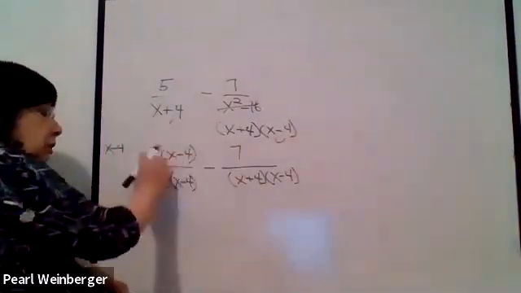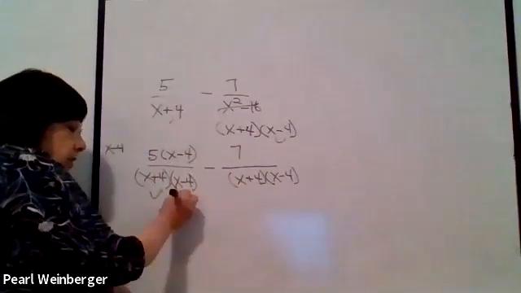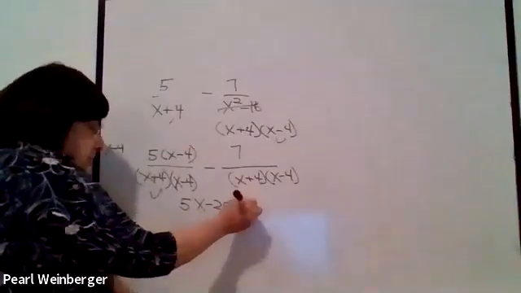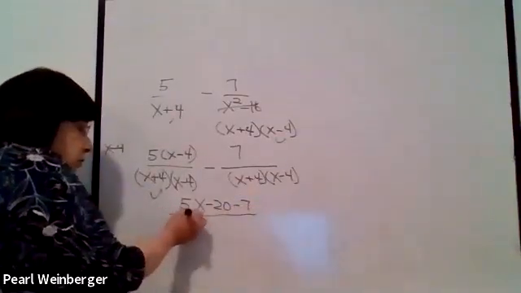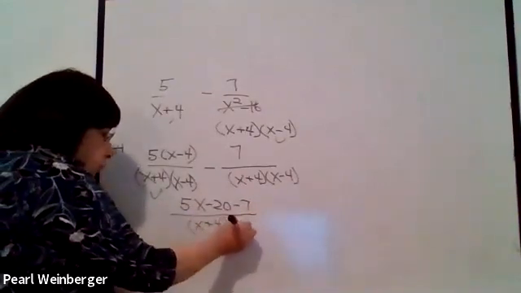Now I actually have to multiply it out. The 5 times x minus 4, using the distributive property, is 5x minus 20. And now I have a minus 7. And this all goes over my x plus 4 and then my x minus 4.